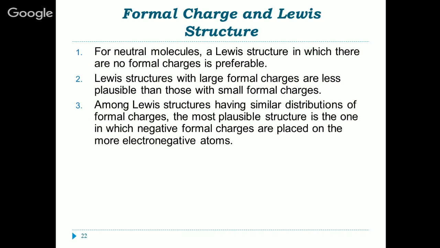We can also say that something is more electropositive, which just means that it would rather have the positive charge. So when placing formal charges, we need to think about what charge it is and what type of atom it is on. Is it on the more electronegative atom? We don't want a positive charge on the more electronegative atom.